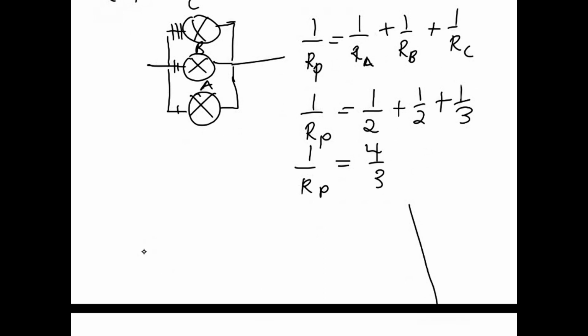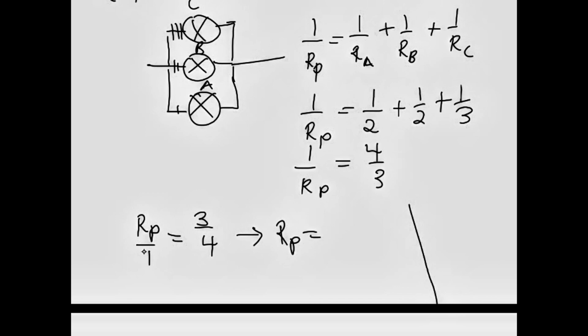And then we end up with Rp over 1 is going to be 3 over 4. This means that Rp is equal to 3 over 4, which is actually just 0.75. So check how the total effective resistance has decreased to the value of about 0.75.